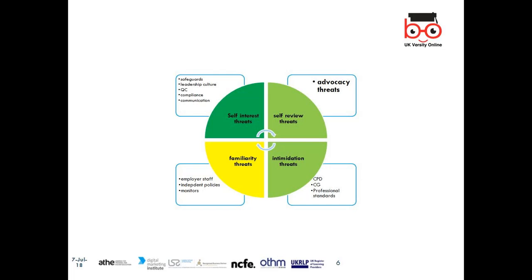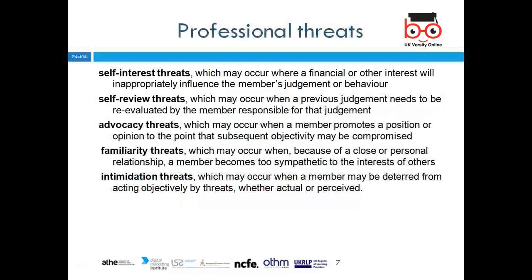Any questions? No. Okay, so these are the professional threats which I just discussed with you. One occurs where financial or other interest inappropriately influences the member's judgment or professional behavior. Self-review threat: if I'm checking my own work, of course, I'm not going to identify my own mistake.